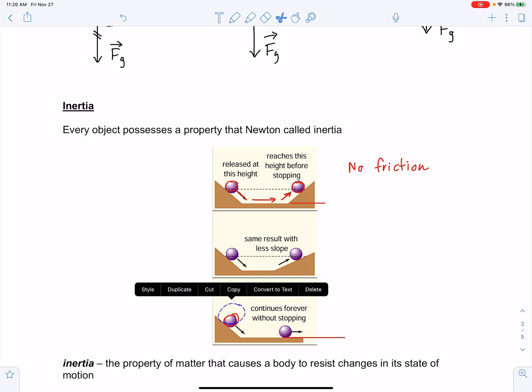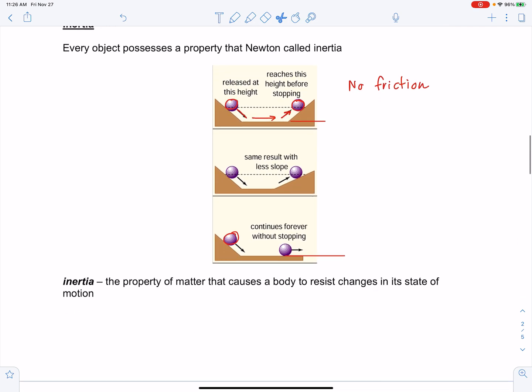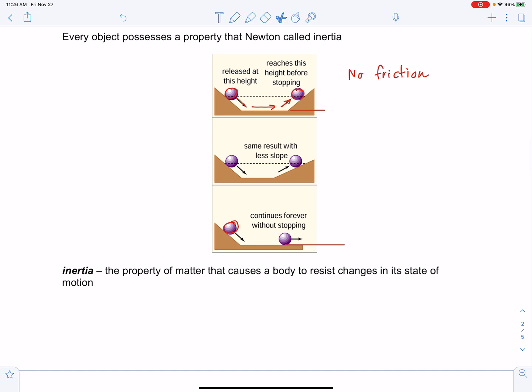And he was correct. And he said that the reason why objects do this is because they have a property that all objects possess called inertia. And inertia is defined as the property of matter that causes a body at rest to resist changes in its state of motion, or a body in motion to resist any changes in its state of motion.